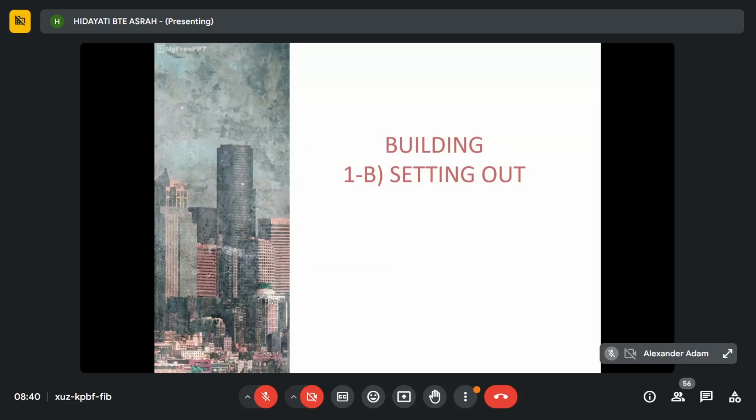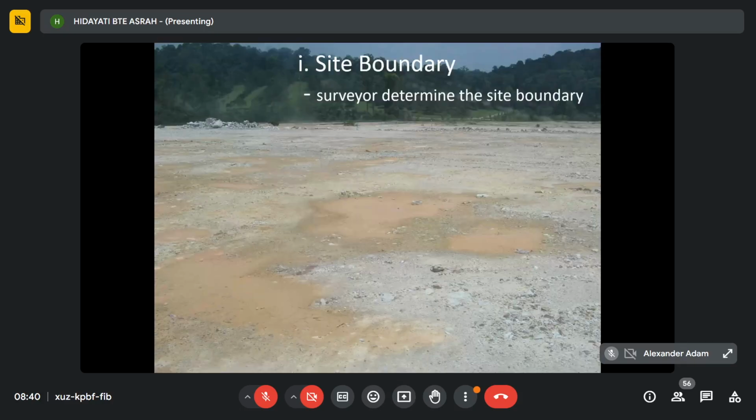After the site clearance, the next process is setting out the site area. So first you do the leveling, after leveling you do the clearing of the site, and next is the setting out. In setting out the site, first you need to determine the site boundary of the construction project. The surveyor must determine the site boundary of the construction area because you want to avoid trespassing onto another construction area.